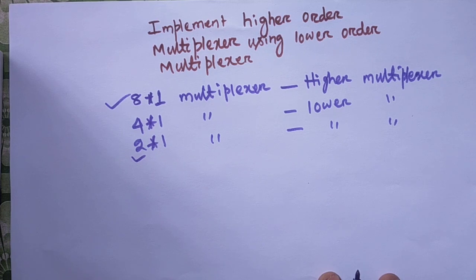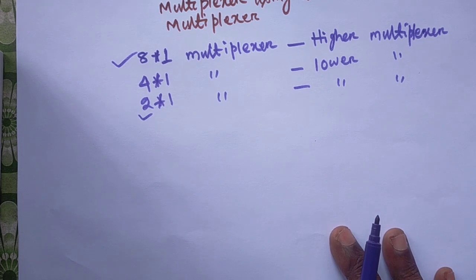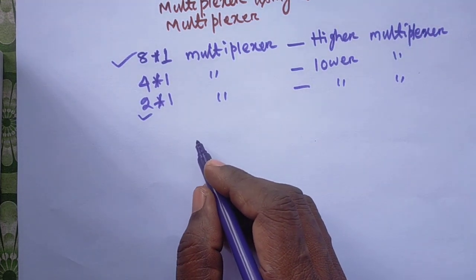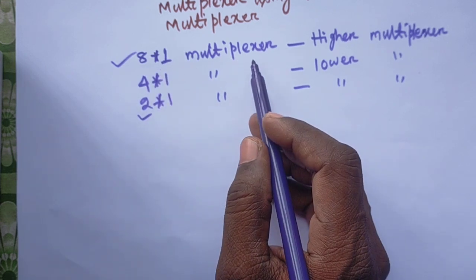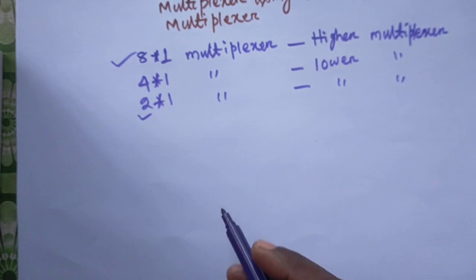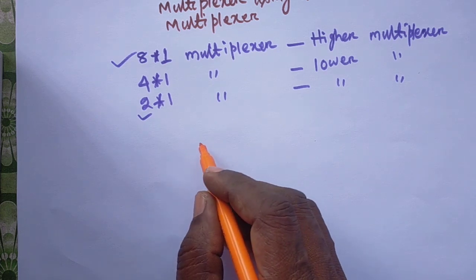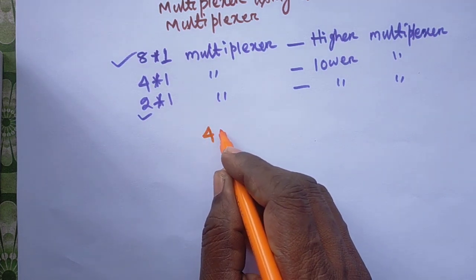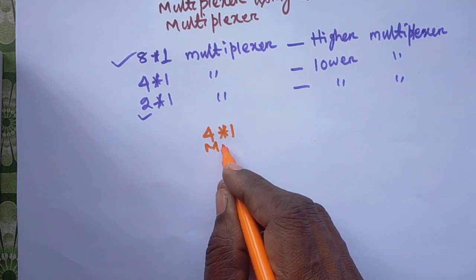Now we see how it will be designed, in a very simple way. We will design an 8 to 1 multiplexer with the help of 4 into 1 multiplexers and a 2 into 1 multiplexer. Let us consider a 2 into 1 multiplexer.